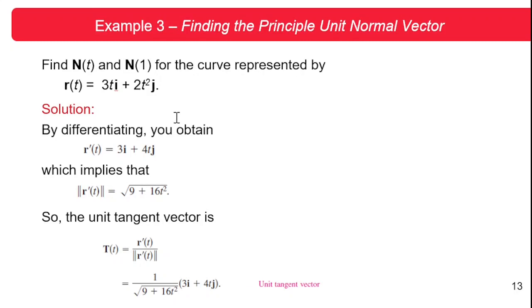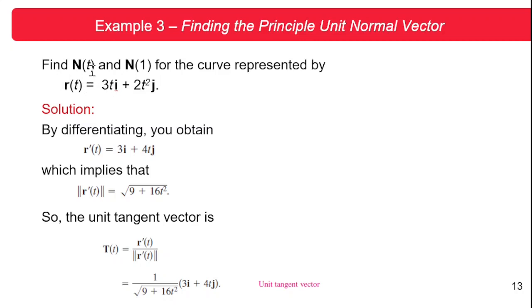As an example, suppose you're given a vector valued function r(t) = 3t i + 2t² j. We need to find the unit normal vector, denoted by N(t), and the specific unit normal vector when t is equal to 1 for the curve represented by r(t).